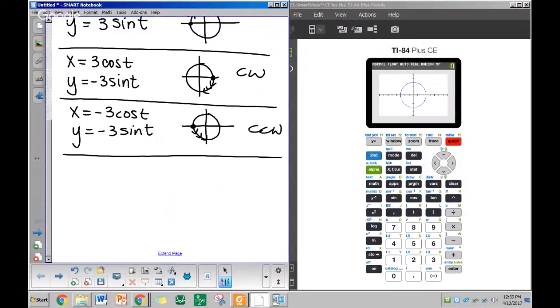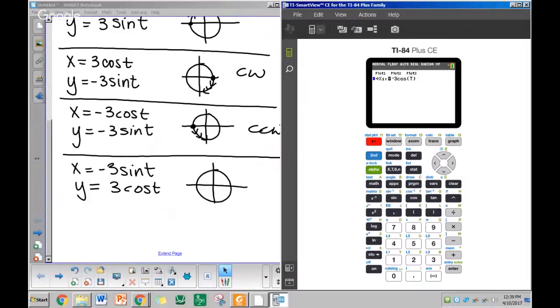All right, so let's say this is x equals negative 3 sine of t, y equals 3 cosine of t. It requires me to do a little bit more changing here. So we're going to leave this negative, but we're going to change this to sine, and we're going to change this one to positive and make that a cosine. And let's see what happens.